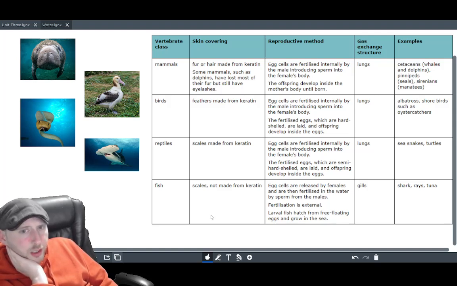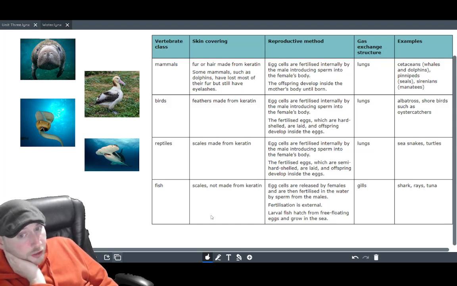That's not how that works. Our mammals, birds, reptiles, they all have to have sexual intercourse in order to reproduce. Fish don't. The female drops the eggs, the male comes by, spreads the sperm cells, and bing bada boom, you've got yourself some fertilized eggs.